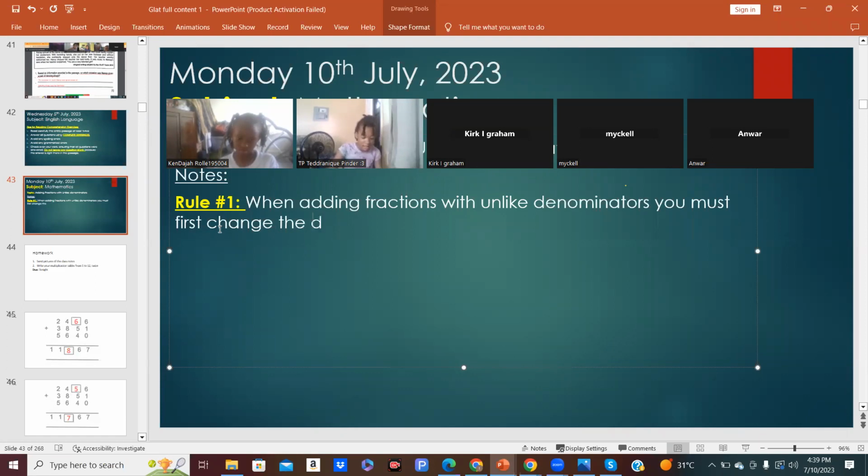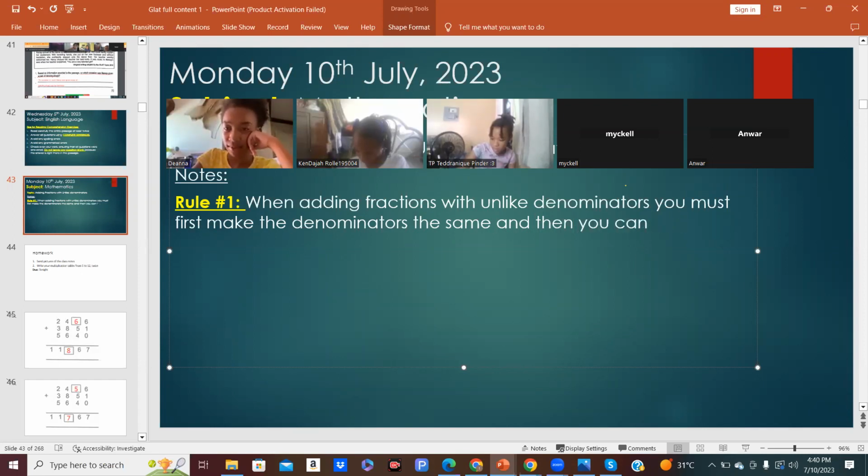Change the denominators, you must first make the denominators the same, and then you can add the fractions.